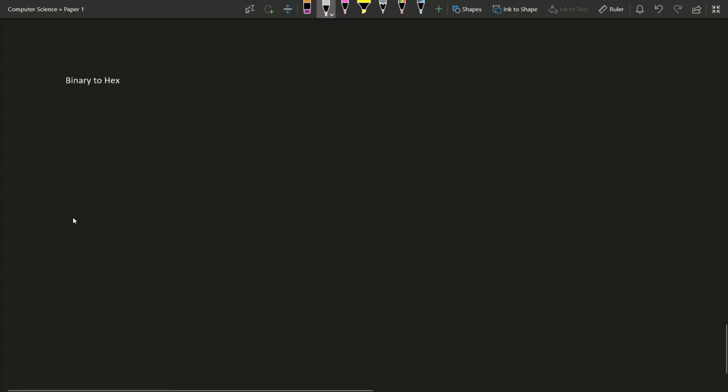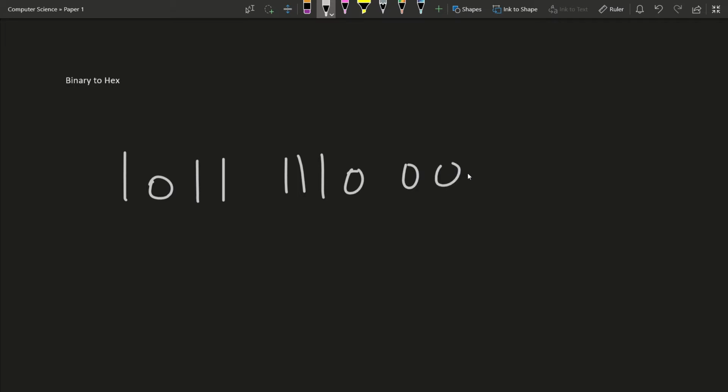So let's say you have a number 1011 1110 0001. So this is 12 digits in total. If you want to convert it, you would divide it into groups of 4. In a question, it's not normally going to be divided like this. It's just to make it easier.